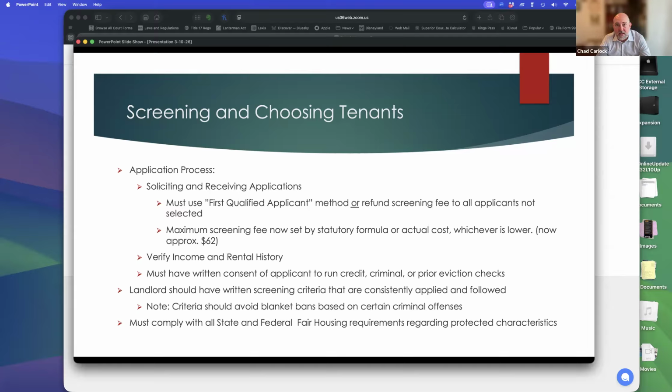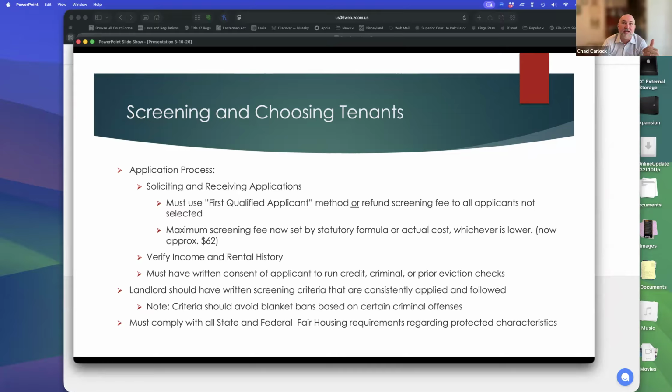In employment, California has what's called ban the box legislation, which means that you cannot, as a screening criteria for employment, ask about criminal history and especially not ask about certain criminal offenses. Similarly here, if you have criteria, certainly it's legitimate to say if you have a criminal history, we are going to factor that into our decision of whether or not to rent to you.